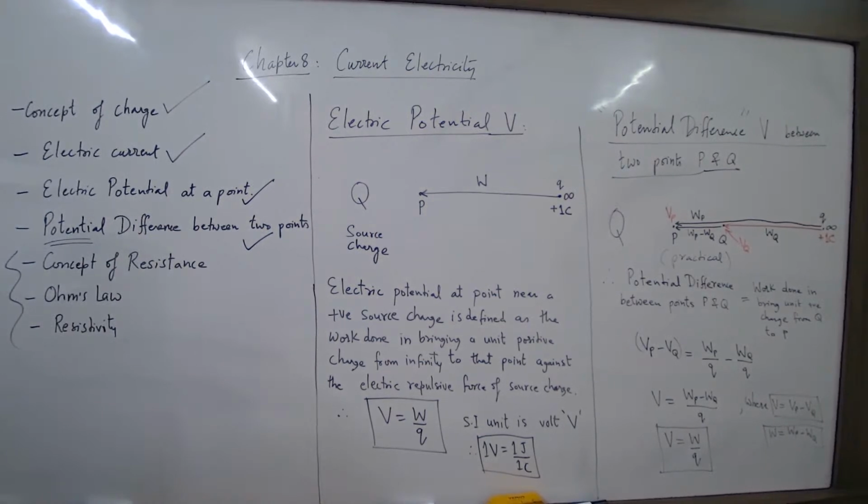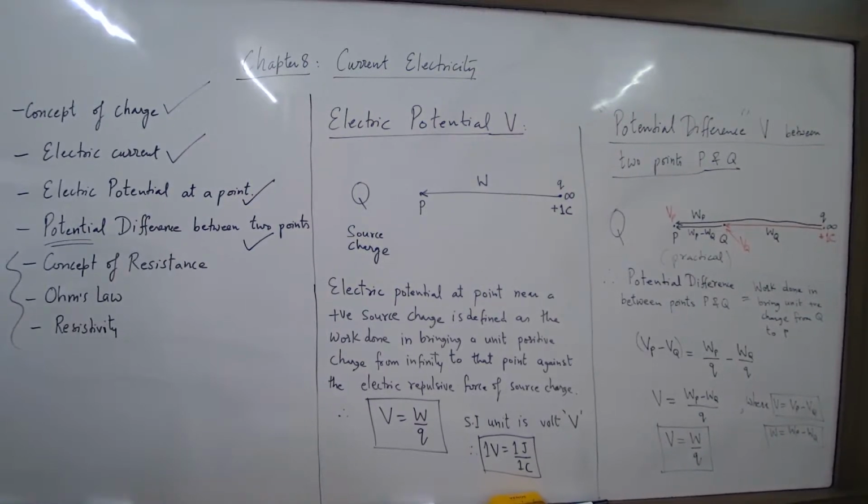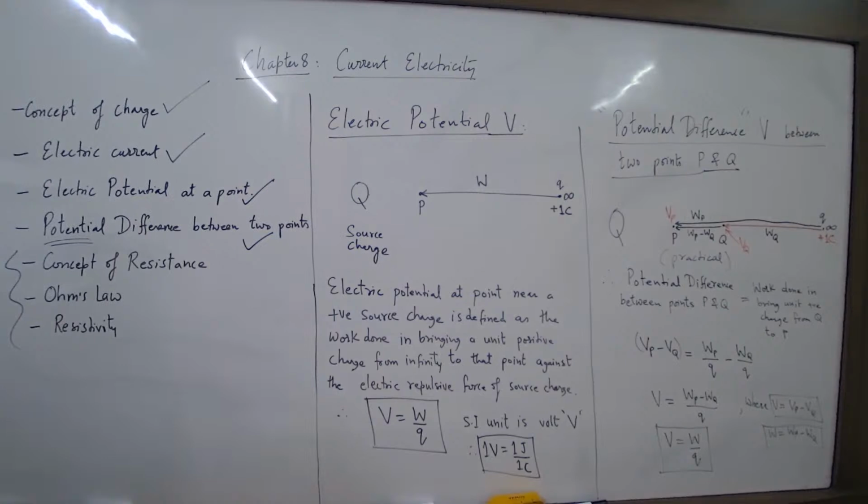Can you repeat the question? When do we say that the potential difference between 2 points is 1 volt? It's on the board. Yeah. When work done per unit charge to bring electrons from one point to the other.